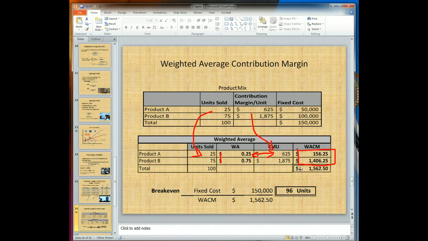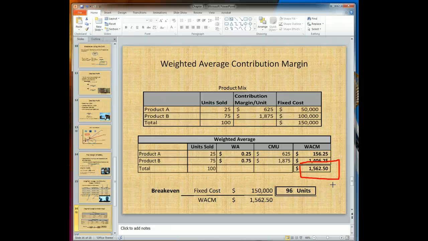So you sell 1 unit, 156 bucks comes from product A, 1406 comes from product B, and your total contribution margin to the company is going to be 1526. 1526 is the company-wide weighted, I guess that's 1562, company-wide weighted average contribution margin, which is nice, but so what?